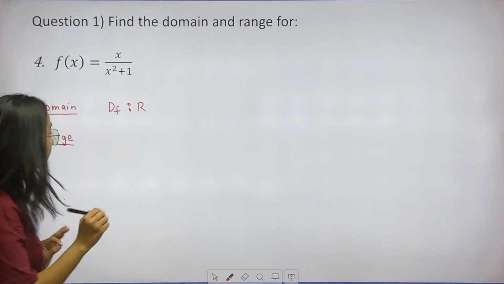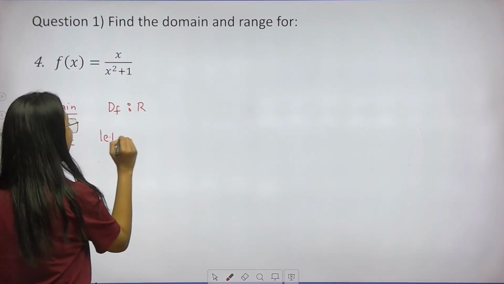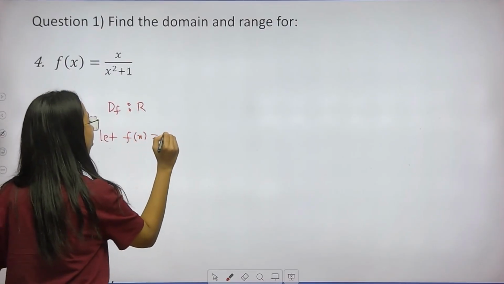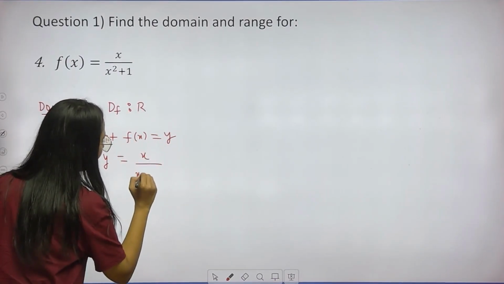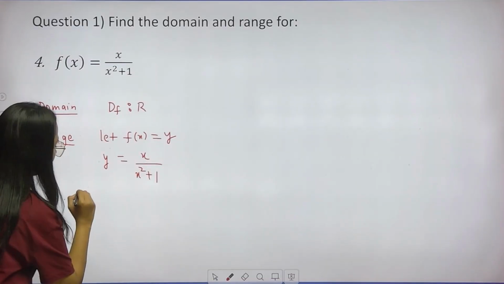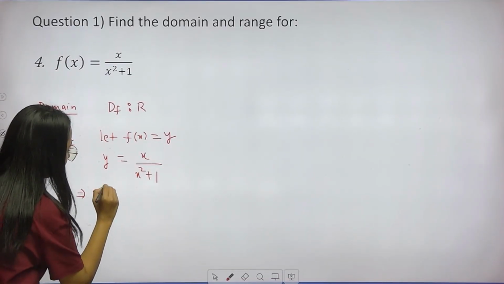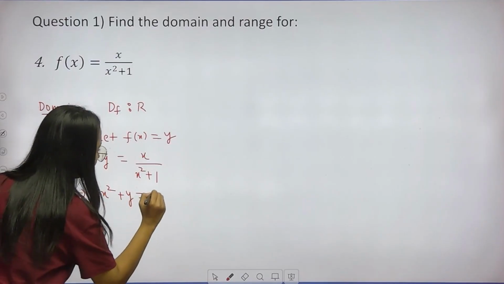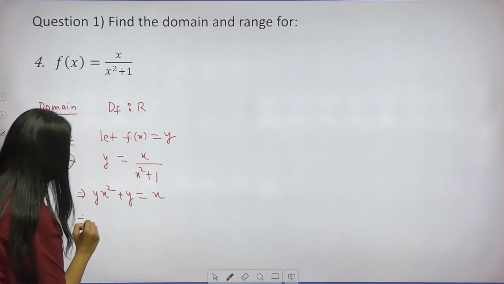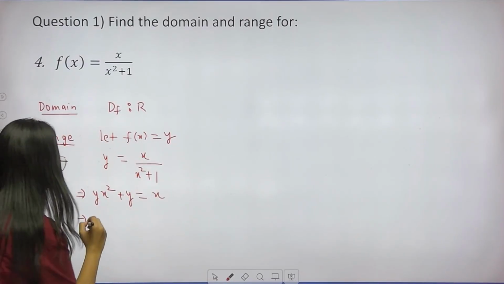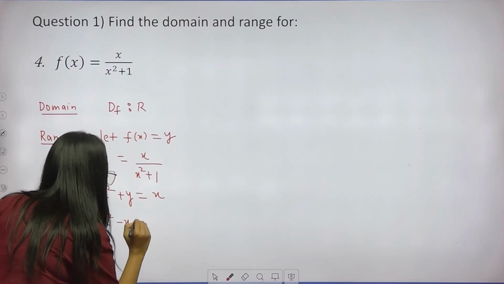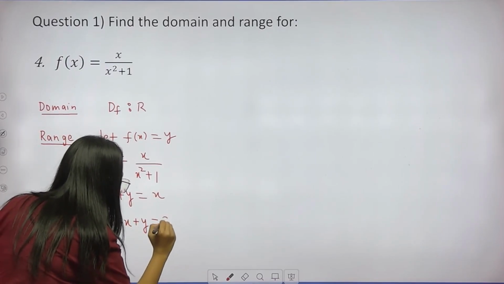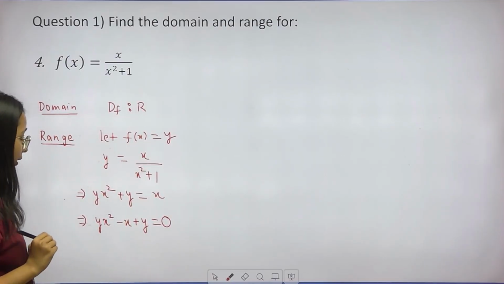Next, let's find the range. For finding the range, let f of x be equal to y. Clear? Now, y is equal to x over x square plus 1. Let's cross multiply. y into x square plus y is equal to x. Next, what we have is y into x square minus x plus y is equal to 0. Clear?